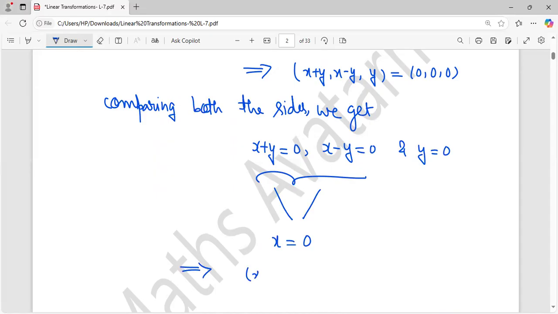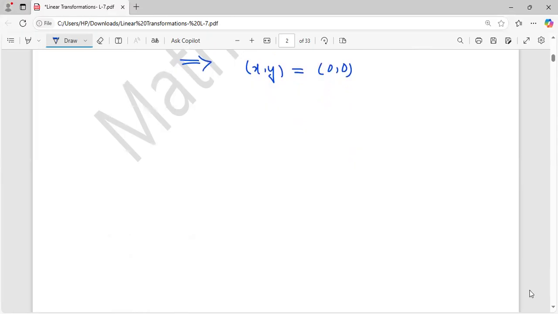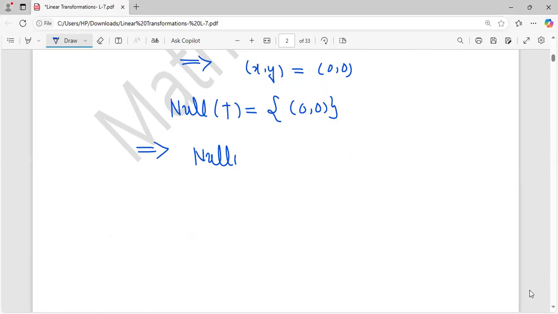So this implies (x, y) is equal to (0, 0). So null of T contains only the element (0, 0). So this implies nullity of T, which is the dimension of null T, is going to be 0.